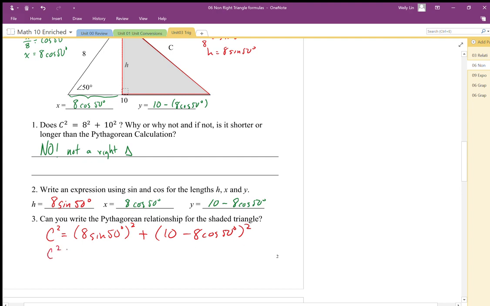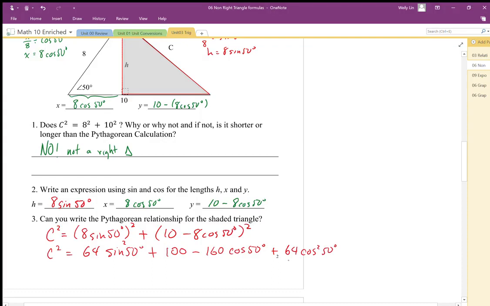C squared is equal to 64 sine squared 50 plus, distributing this out, 10 squared, minus 8 times 10 times 2, which gives negative 160 cosine of 50 degrees, plus, when I square that out, 64 cosine squared of 50 degrees.